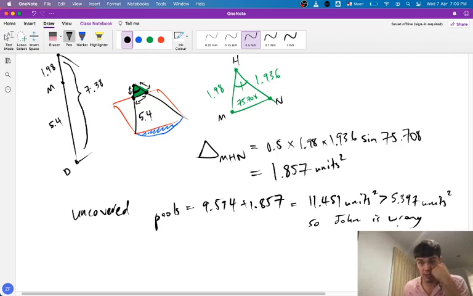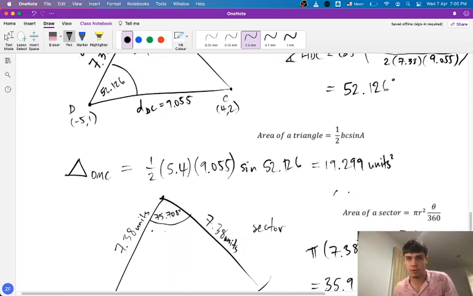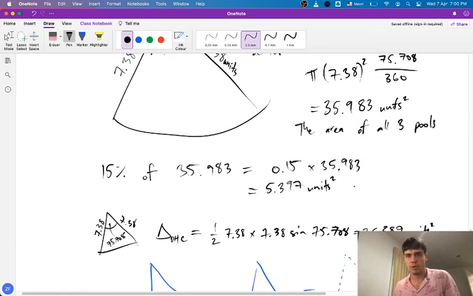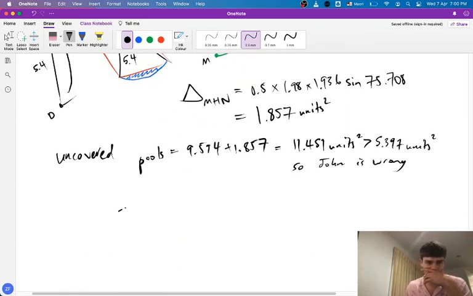Let's find out what it is as a percentage, just for a little refresher for you guys. So the total area of the pool is 35.983. And the little pools are 11.451.